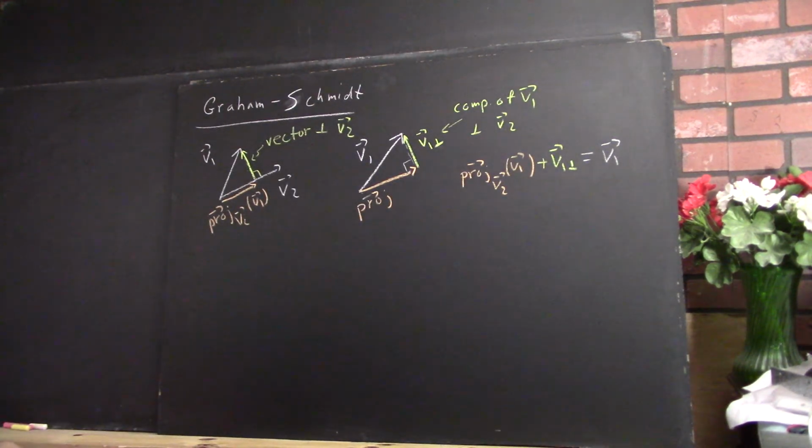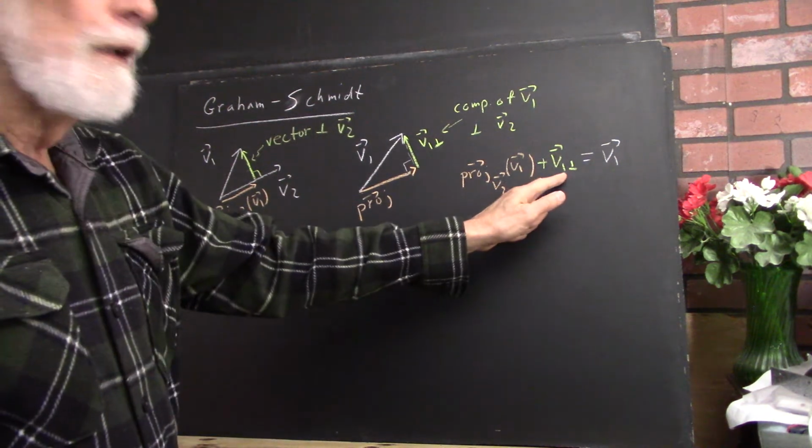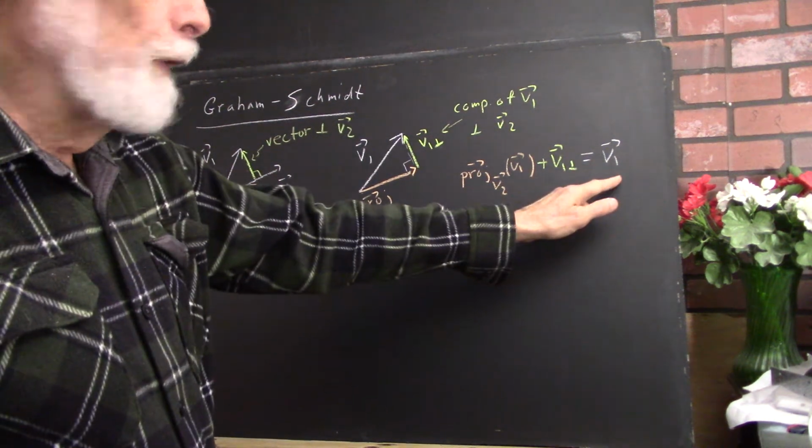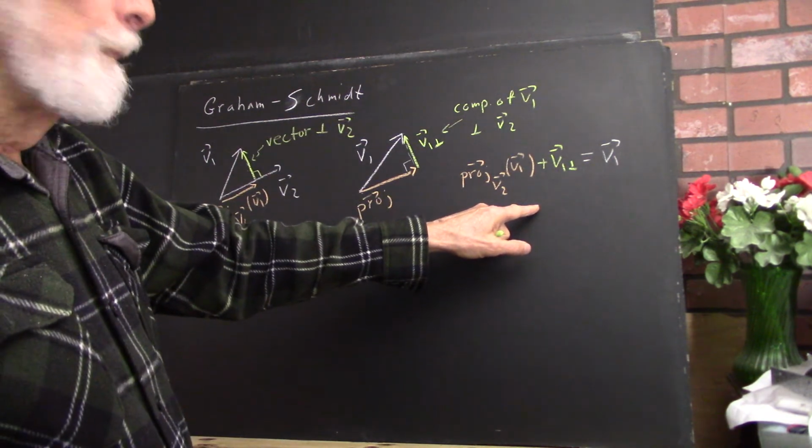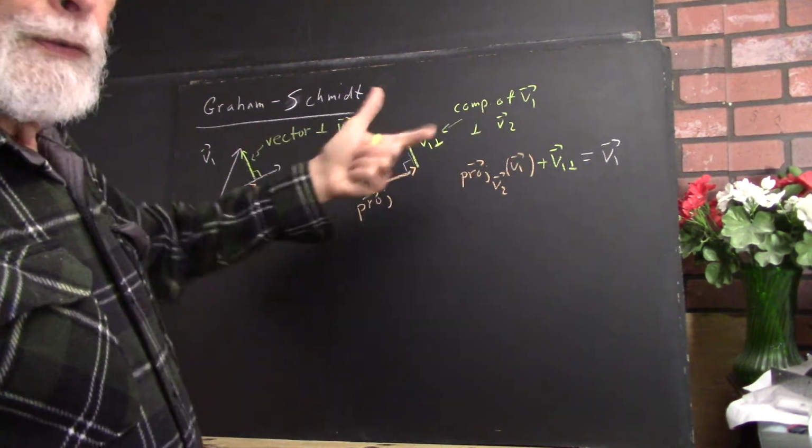Well, if that's the case, how do we calculate v1 perpendicular? We know v1. We can easily calculate the projection of v1 on v2. Well, let's just do some algebra.